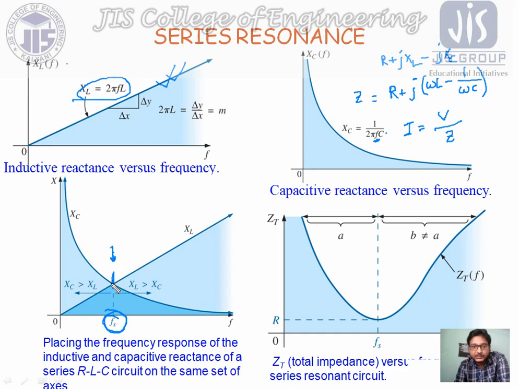Now, before this resonance frequency, if we look carefully at this graph, it is clearly visible that the inductive reactance effect is only this much, but the capacitive reactance effect is more. So before the resonance frequency, the circuit has a capacitive effect, that's why it's written that XC is greater than XL. After the resonance frequency, our XL is greater than XC.